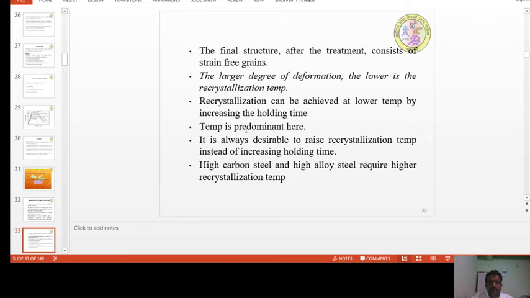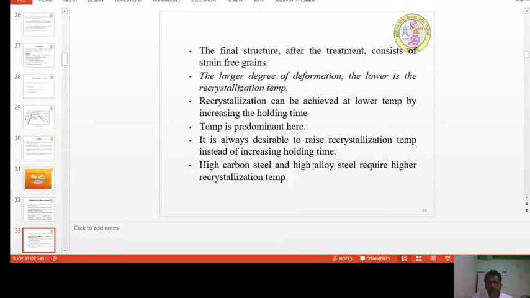In this process, temperature is predominant. It is always desirable to raise the recrystallization temperature instead of increasing the holding time. Naturally this is recommended, but in order to increase the production rate, people will follow the other way.